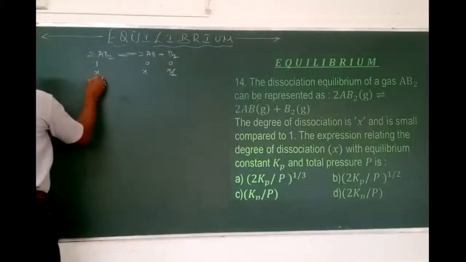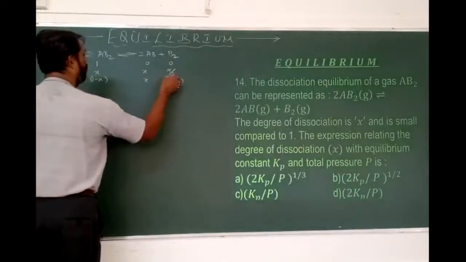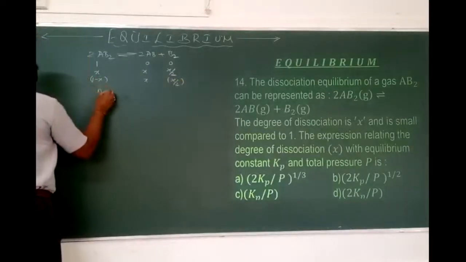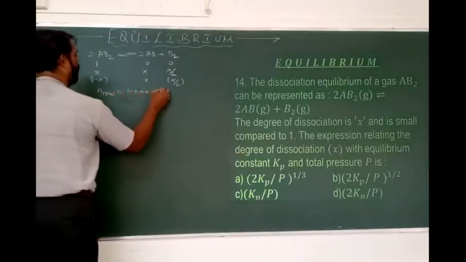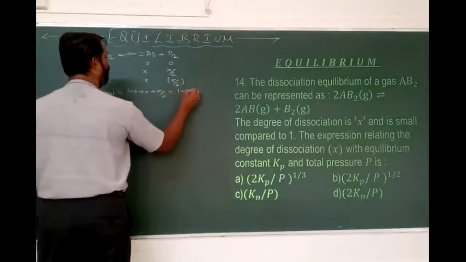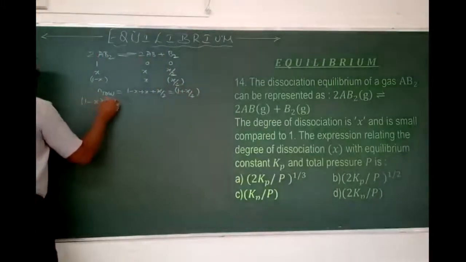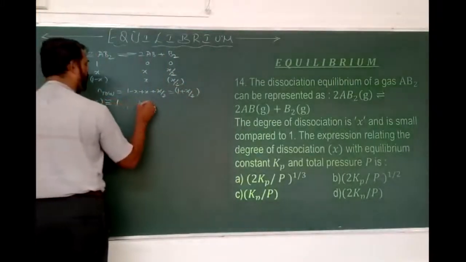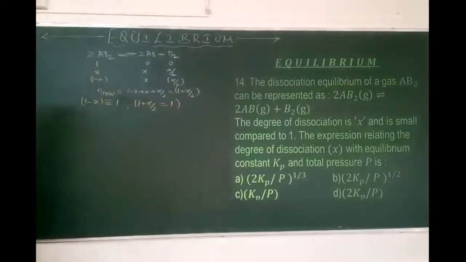Therefore at equilibrium we have 1 minus X, X and X by 2. The total number of moles is 1 minus X plus X plus X by 2, that is 1 plus X by 2. The condition is that 1 minus X is nearly equal to 1, and 1 plus X by 2 is also nearly equal to 1.